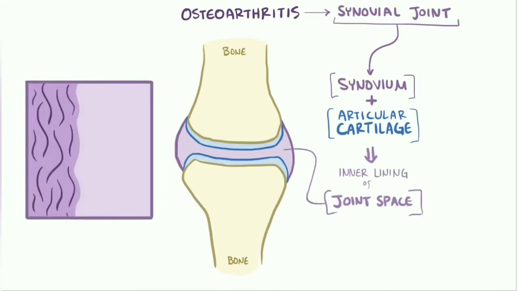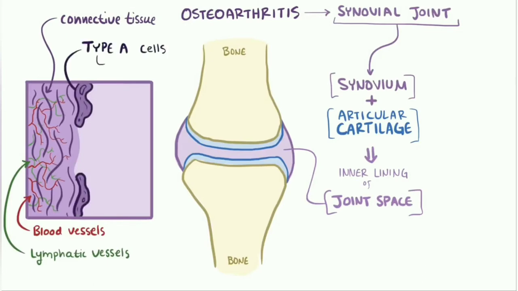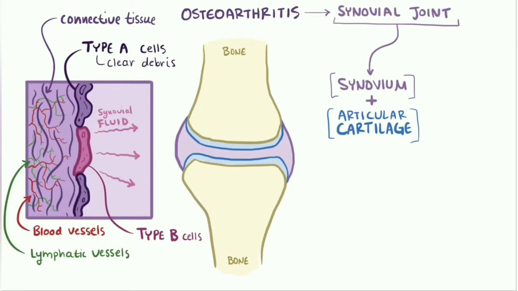The synovium consists of connective tissue, blood vessels, lymphatic vessels, type A cells that clear cellular debris, and type B cells that produce components of the synovial fluid, which helps to lubricate the two articular surfaces.